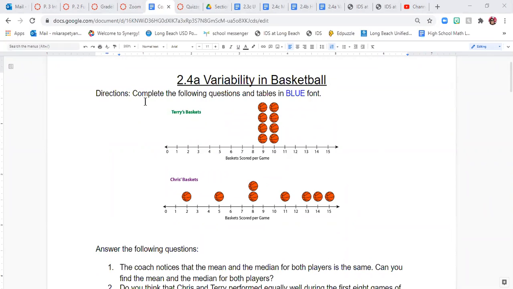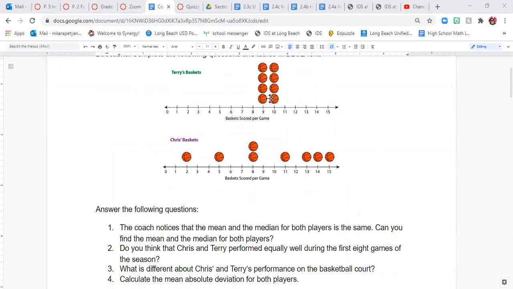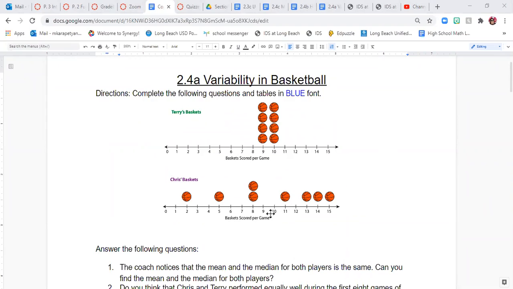The directions are to complete the following questions and tables in blue font. Let's take a look at the two visuals. This is titled Terry's Baskets and this is titled Chris's Baskets. At the bottom it says baskets scored per game.